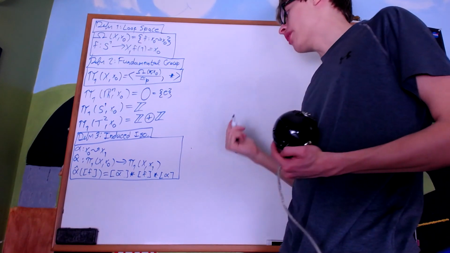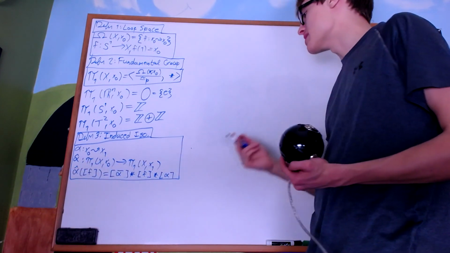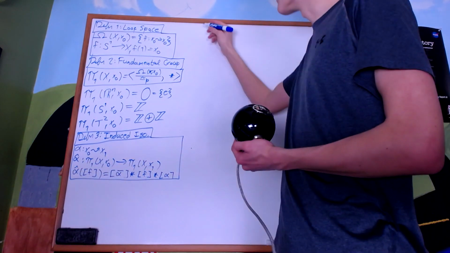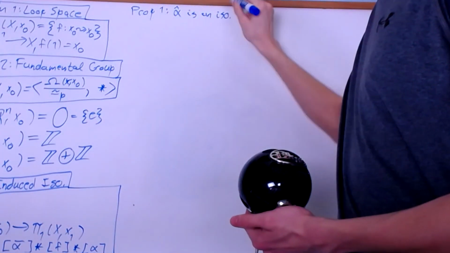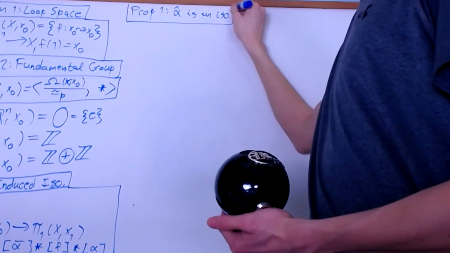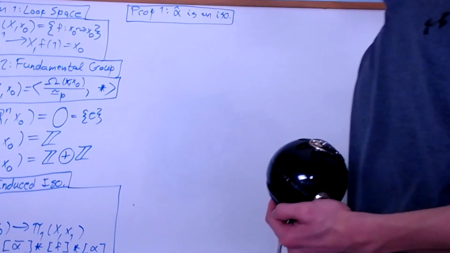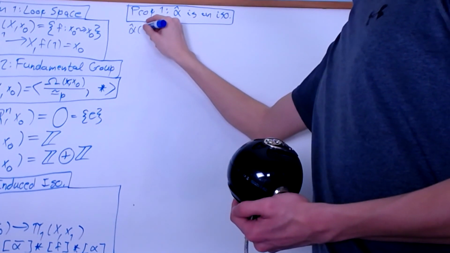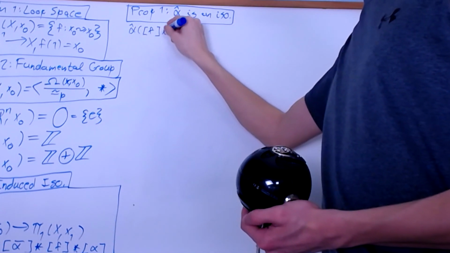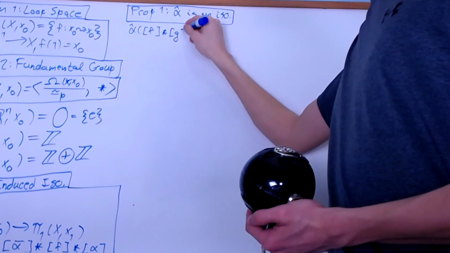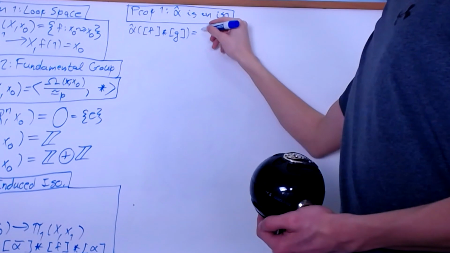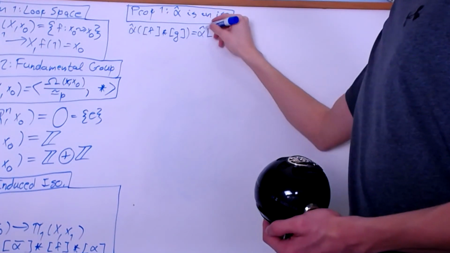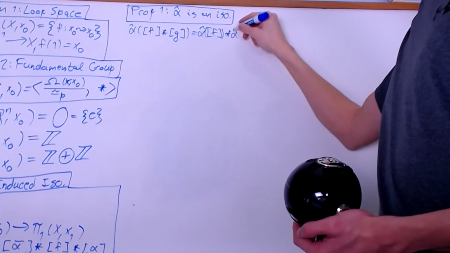So how do I know that this alpha hat is an isomorphism, like I say it is? Well, first of all, we have to prove that it is a homomorphism. So how do I prove that alpha hat of f star g is the same as alpha hat of f star alpha hat of g?